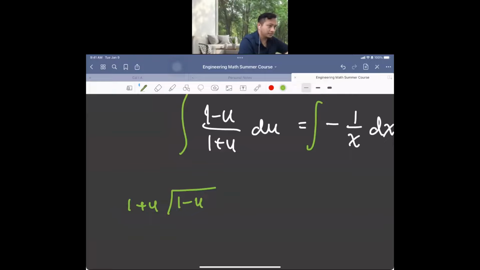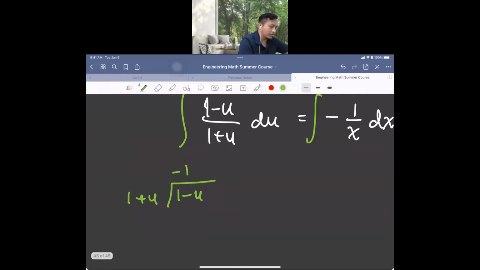Oh yes, this long division. So because I want to remove the u, I will take this -1.